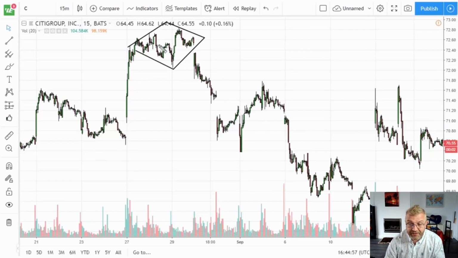But in this case, we have a diamond pattern at the top of a move higher. You can see that there's the support line and a resistance line that are widening. And then you do the opposite after a substantial move to the upside. On the breakout point, what we're looking at is a move that projects to the same distance as the diamond itself.